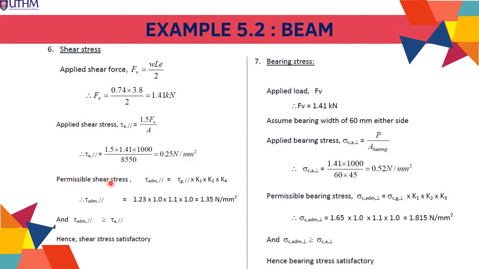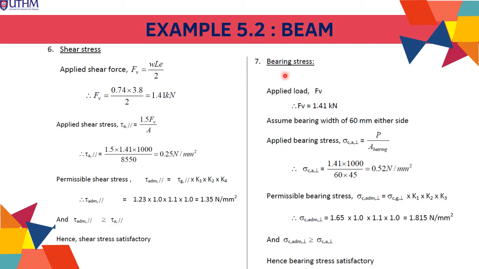For permissible shear stress, we multiply grade shear stress parallel to grain with K1, K2 and K4. We get 1.35 Newton per millimeter square. Our shear stress is satisfactory because our permissible shear stress is more than applied shear stress.